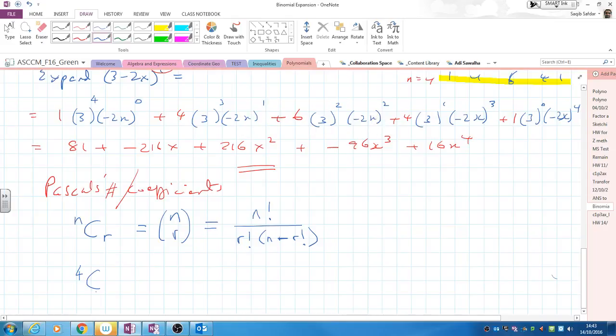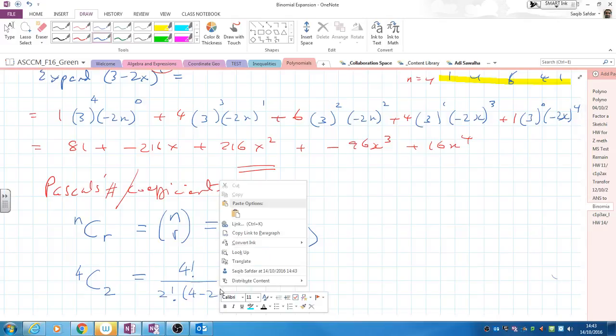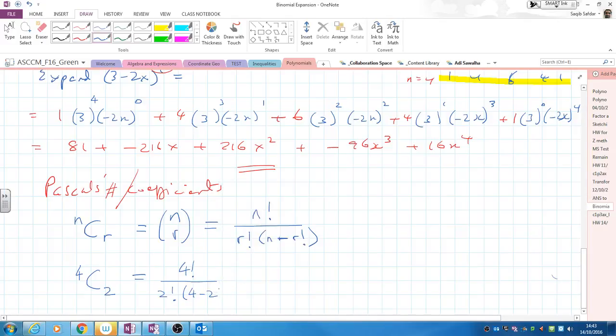So it'll be our second. So we'll put 4C2. And if we plug that into the formula, that means 4 factorial divided by 2 factorial times (4 take away 2) factorial.